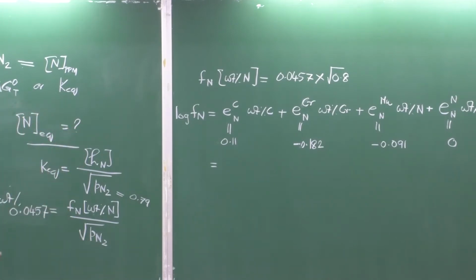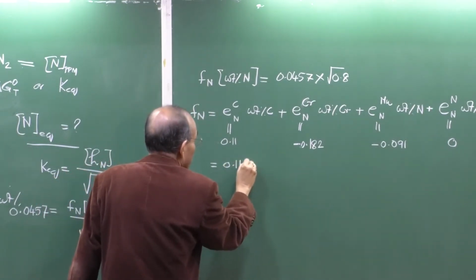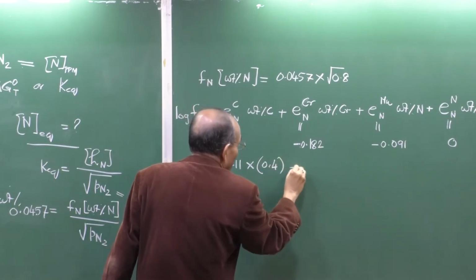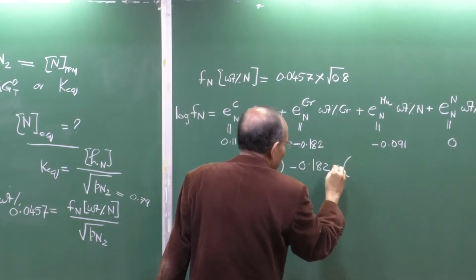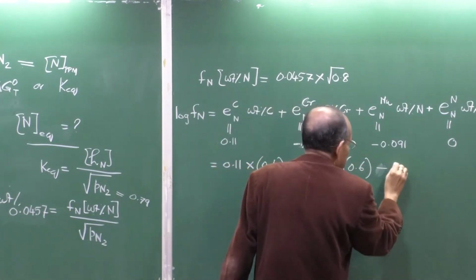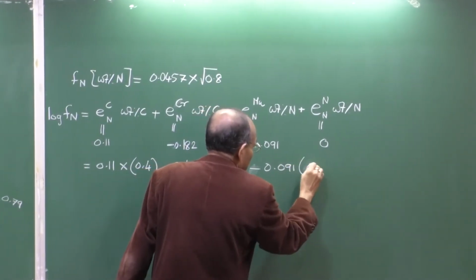So, if you substitute these values, 11 multiplied by weight percentage of carbon, which is 0.4, minus 0.182 into manganese, this is 0.6, plus minus 0.091 multiplied by, and this is also 0.6.